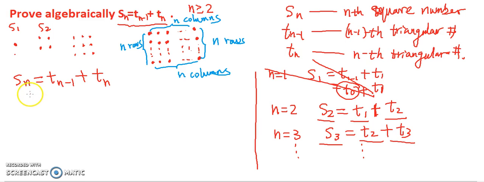Here we don't really have to use the graph, because we try to prove it geometrically, not graphically. So you don't really have to draw the graphs here. Here I'm drawing a graph to help you remember what square numbers are. So how do we prove it? Purely with algebra. We're not going to look at the graphs at all.